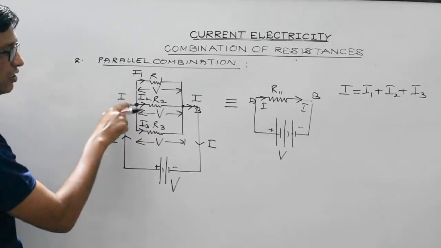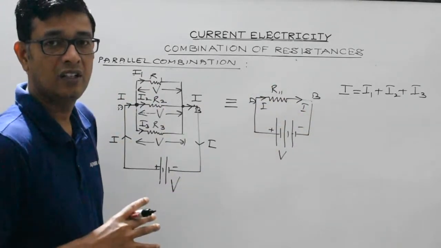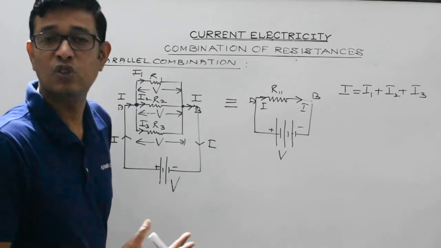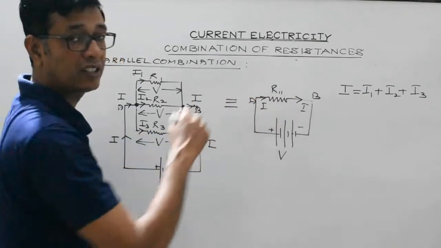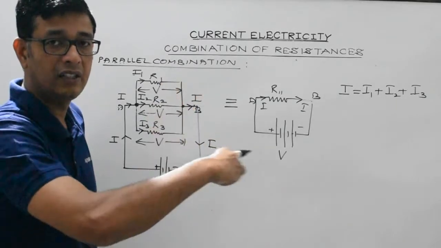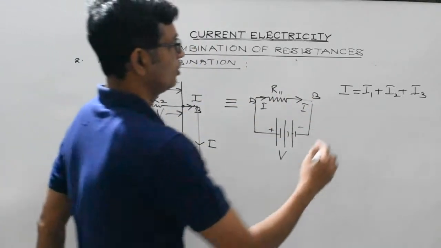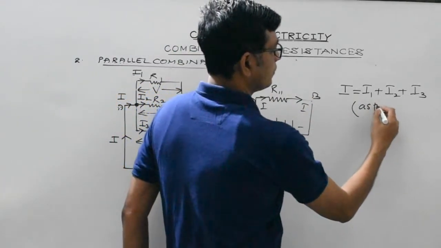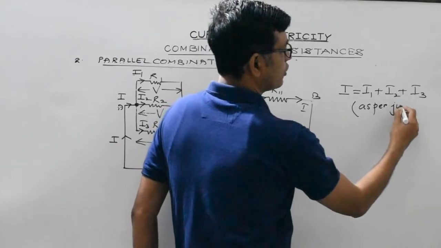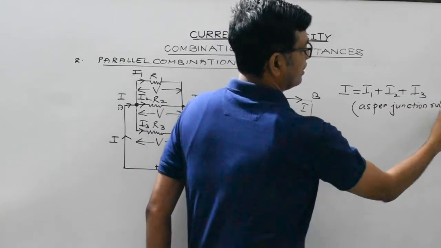So current I is entering and currents I1, I2, I3 are leaving from that particular junction. Applying this rule, known as the junction rule, the net current I which enters must be given by the sum of the currents leaving that junction, which is I1 plus I2 plus I3. So this is as per the junction rule, which I have just stated.